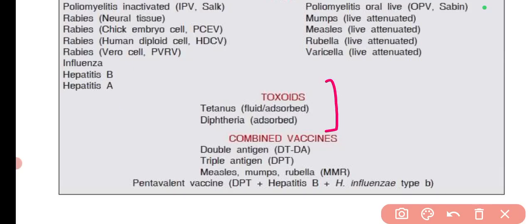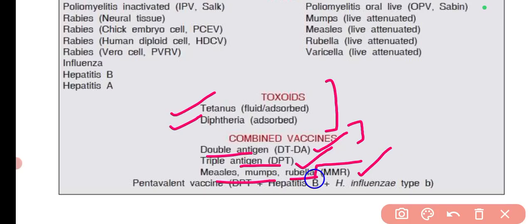Then another category is toxoids. Tetanus and diphtheria are the toxoid vaccines. Then there are combined vaccines like the double antigen DT and DA vaccines, the DPT vaccine, and the measles, mumps, and rubella vaccine. Here for MMR, you can find out the full form and against which diseases immunity is provided: measles, mumps, and rubella.